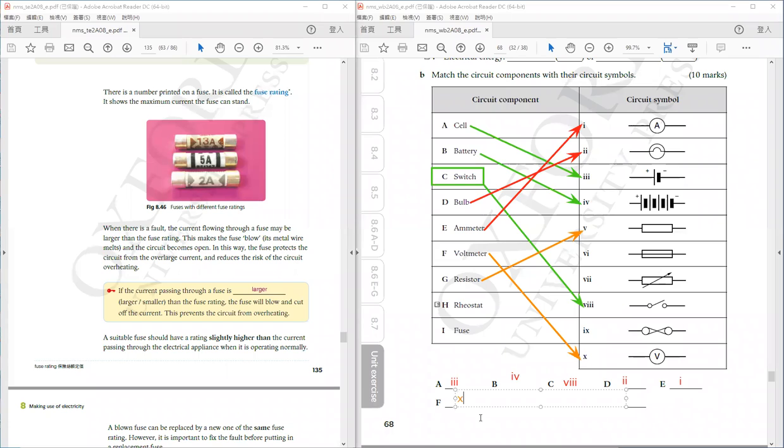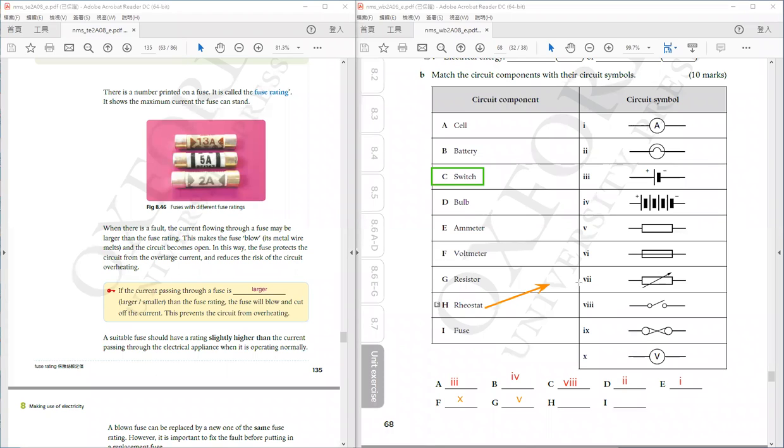Last two, rheostat is number 7. And fuse is number 6. Okay, you can refer to your textbook if you don't understand.